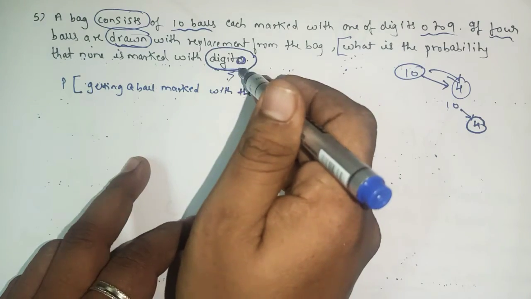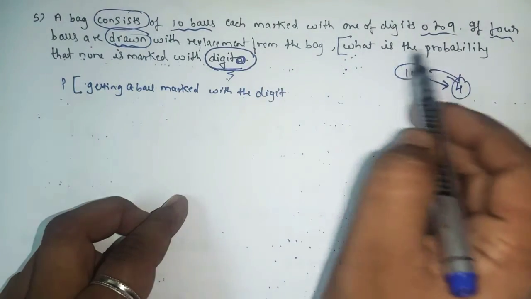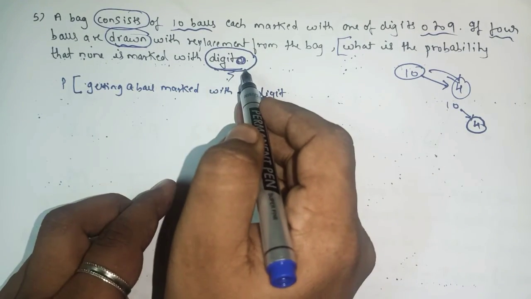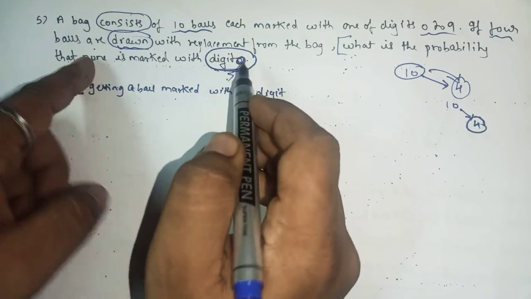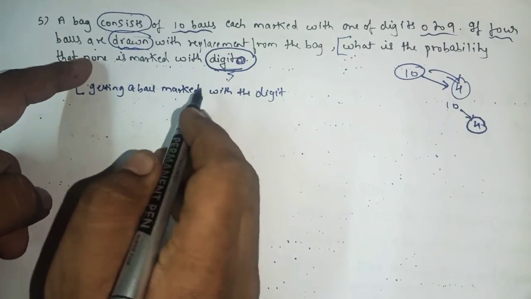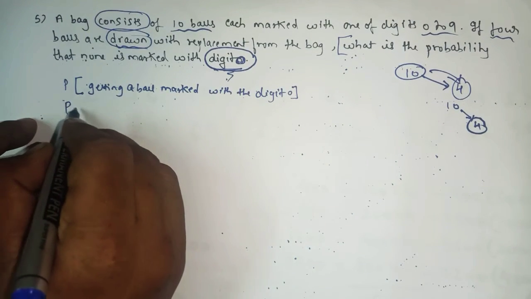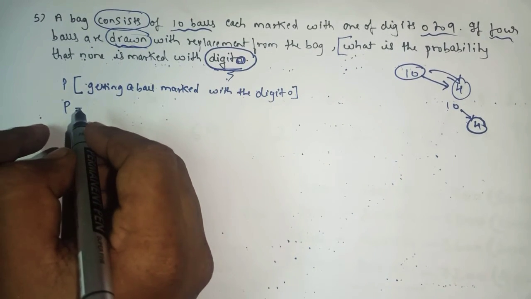The probability of defective items we took as p. So here the probability of getting digit 0, none is marked with digit 0. So getting a ball marked with a digit 0 will be considered as p. So here p will be equal to what?